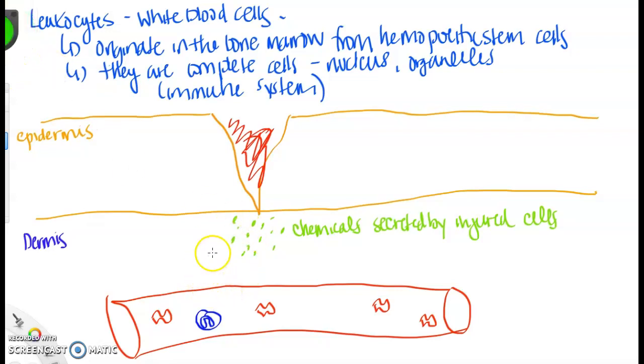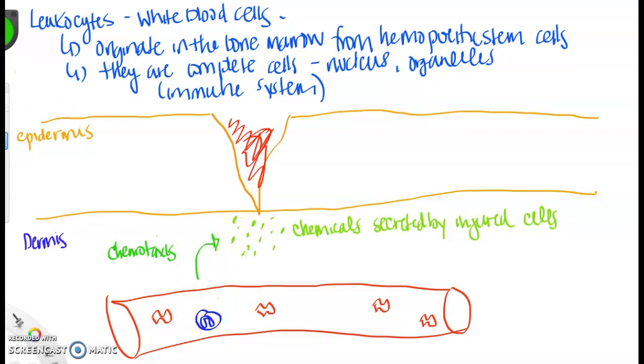And that attraction to that area is called chemotaxis. It's basically like leaving breadcrumbs for the white blood cells to follow to that injured area, because that's where they're going to find bacteria and things like that that came in when the injury happened. So they need to get that cleaned up.